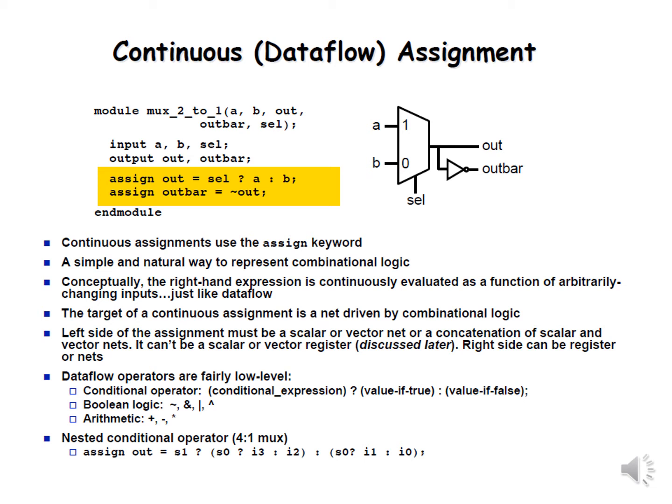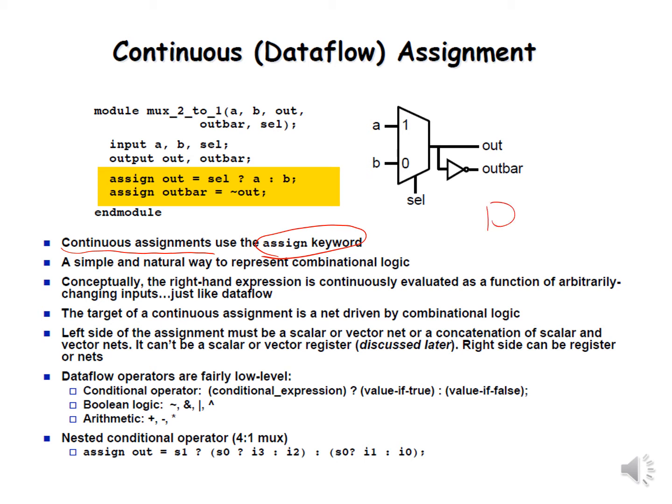Now we have to be more careful about the assign statement here. We use the continuous assignment, using the assign keyword. This is simply a way of representing combinational logic.